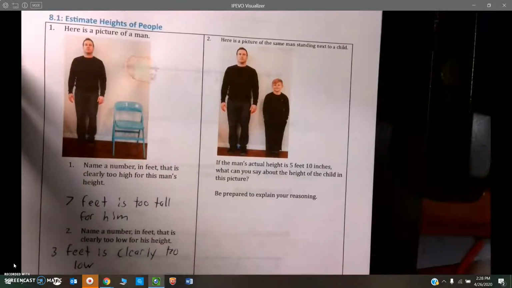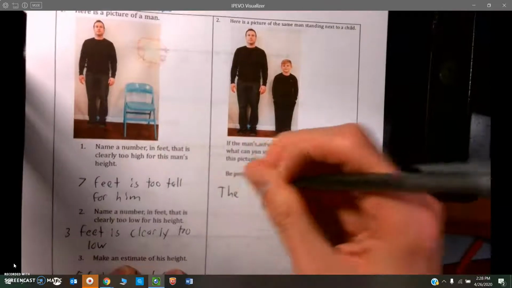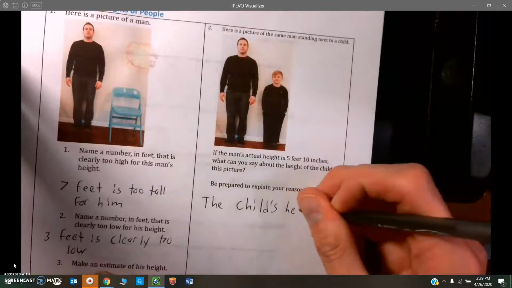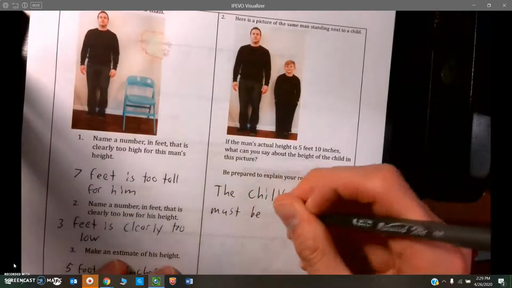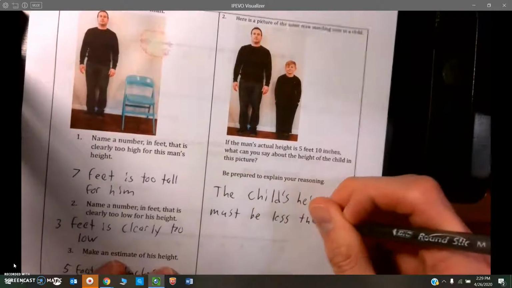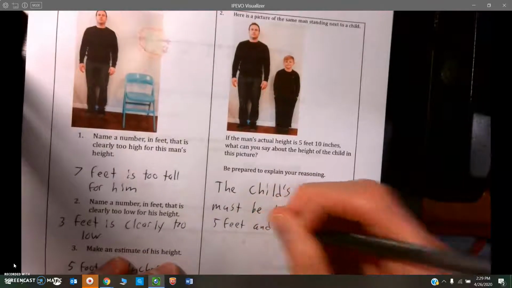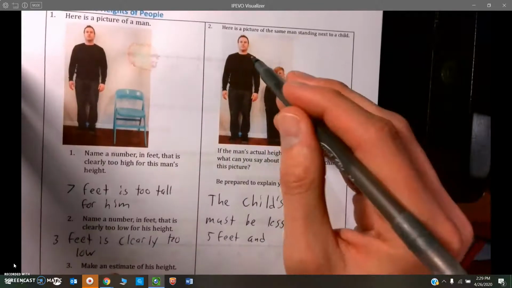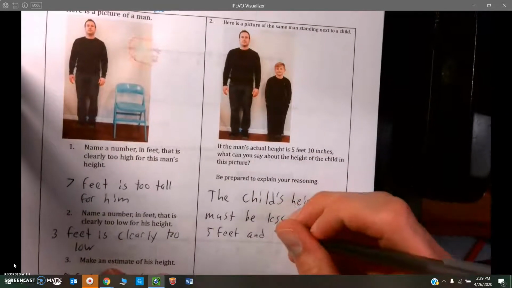So one thing that we can definitely say is that the child's height must be less than 5 feet and 10 inches. That has to be true. We see right here, he is lower than him. So if this guy is 5'10", then we know the kid has to be less.